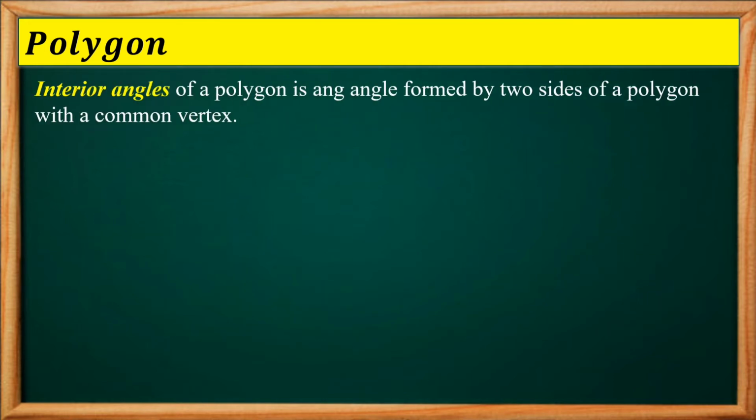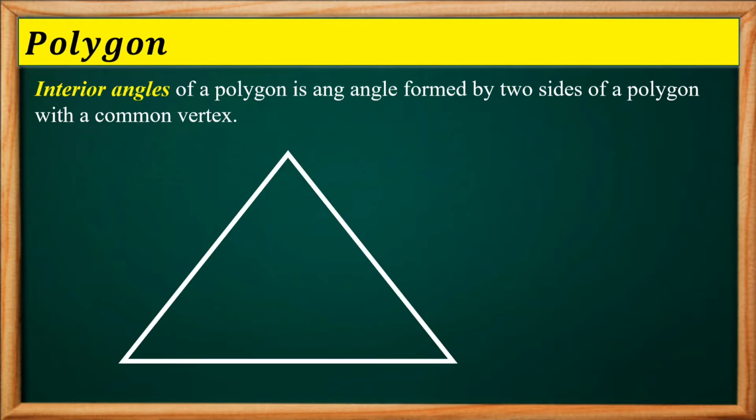Now, an interior angle of a polygon is an angle formed by two sides of a polygon with a common vertex.